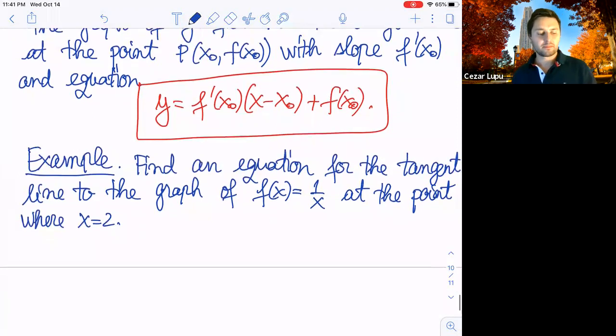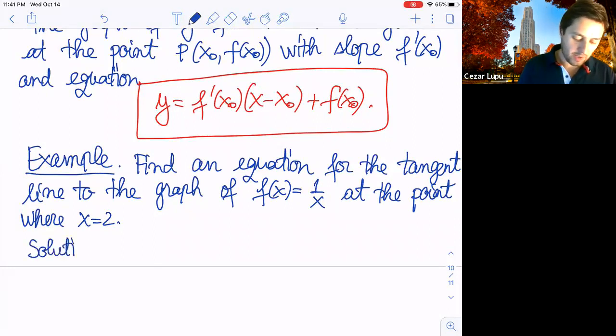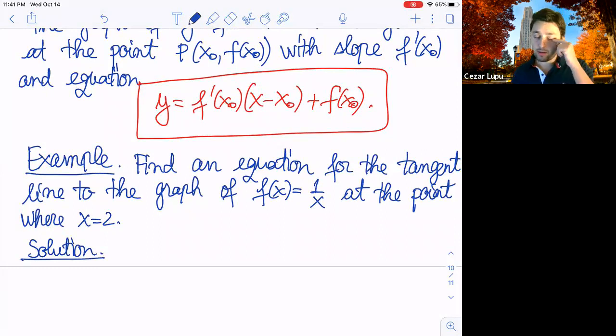Okay. So clearly we have to compute the derivative. So let's do that. And then we will evaluate the derivative at the point x equals 2.